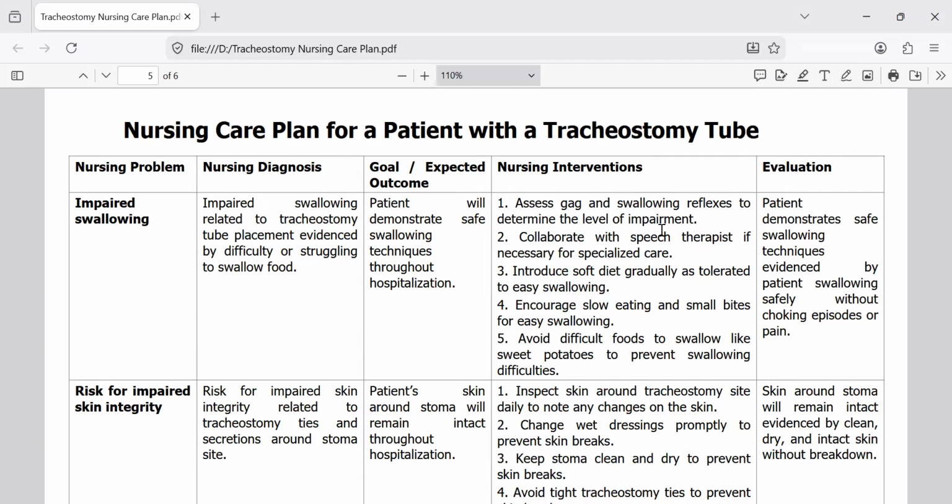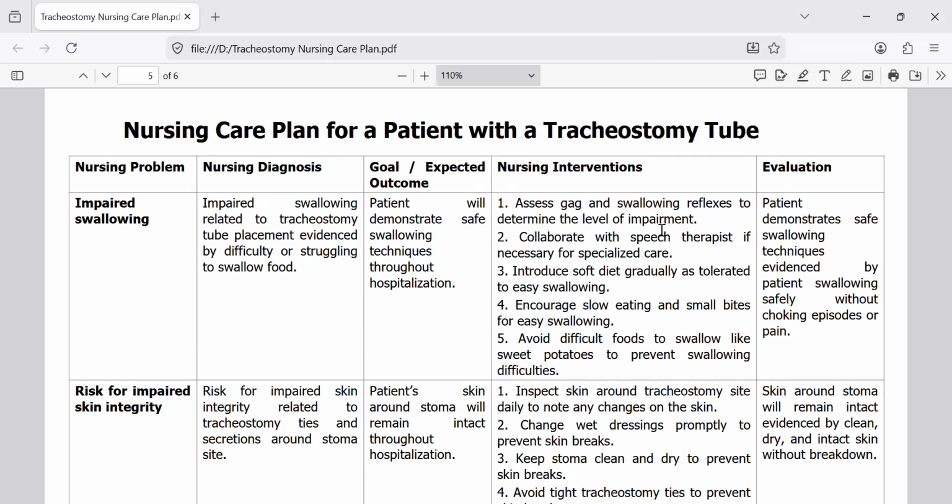So a speech therapist can help us to determine specialized care. But rather, the more appropriate point that we can also put here is to involve nutritionists. So this particular point about a speech therapist is okay, but it is more relatable to communication.